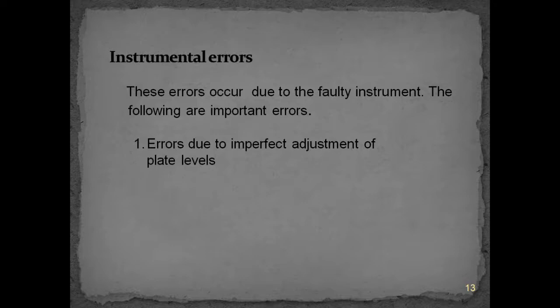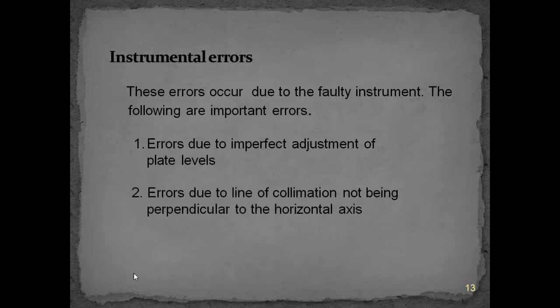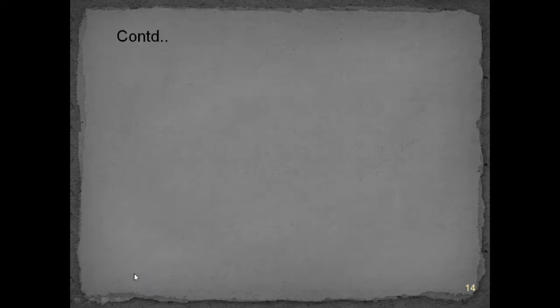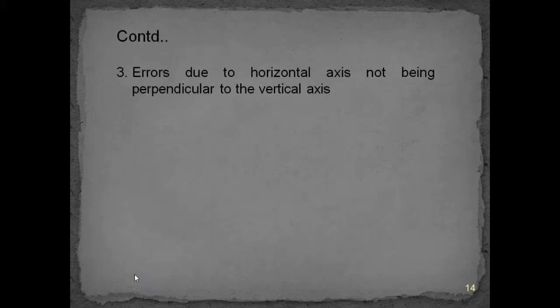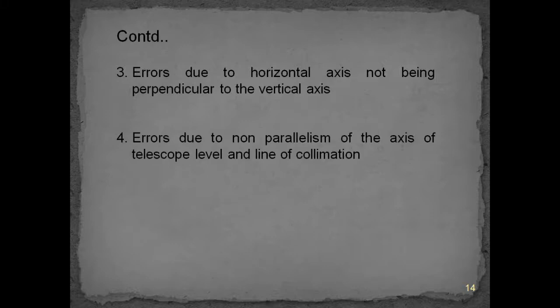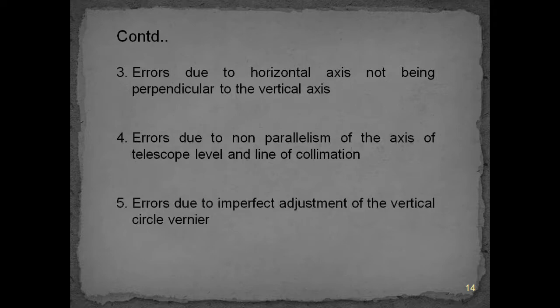Error due to line of collimation not being perpendicular to the horizontal axis. Error due to horizontal axis not perpendicular to vertical axis. Error due to non-parallelism of the axis of telescope level and line of collimation. Error due to imperfect adjustment of the vertical circle vernier. These are all the instrument errors.